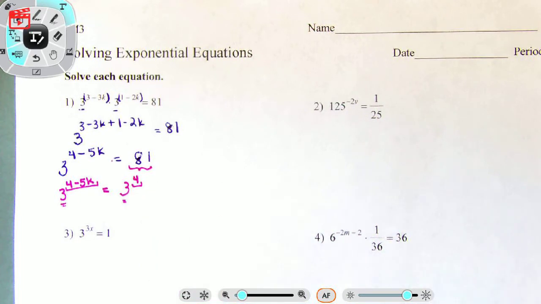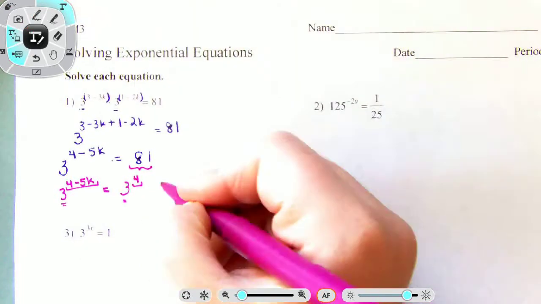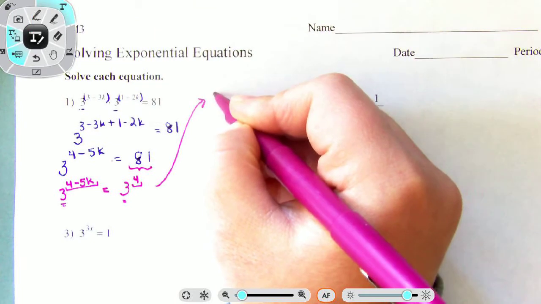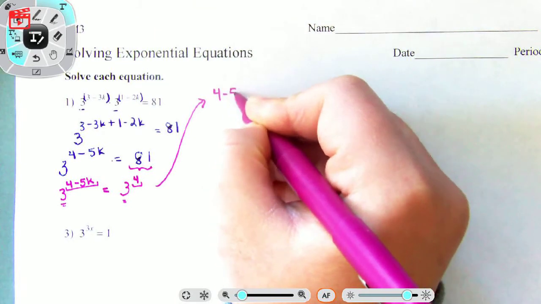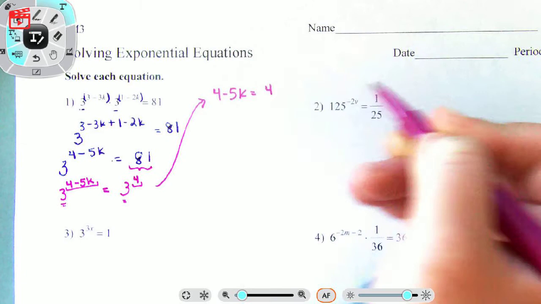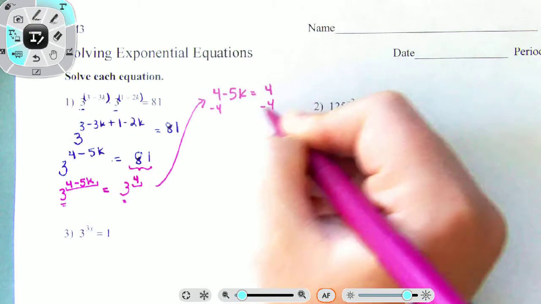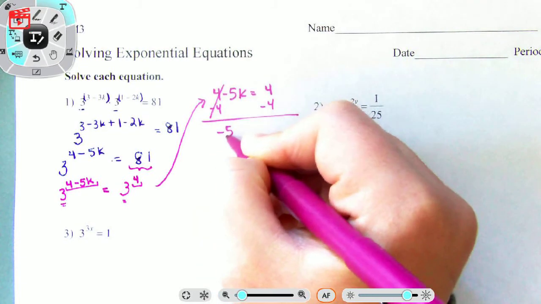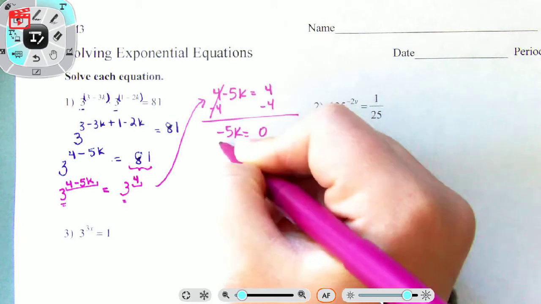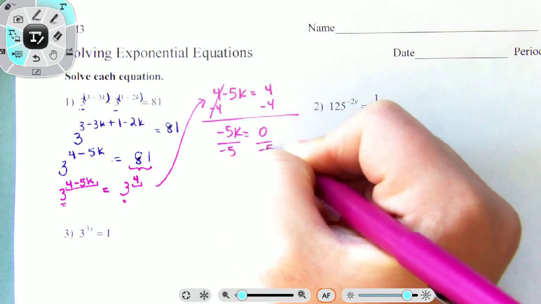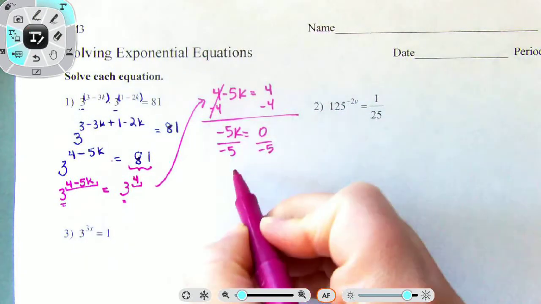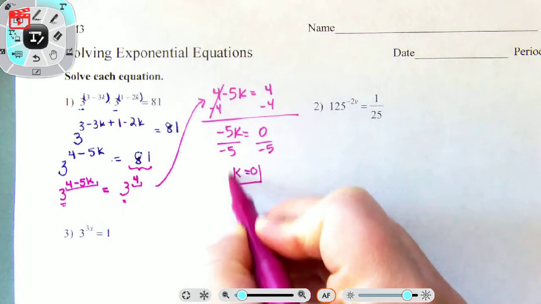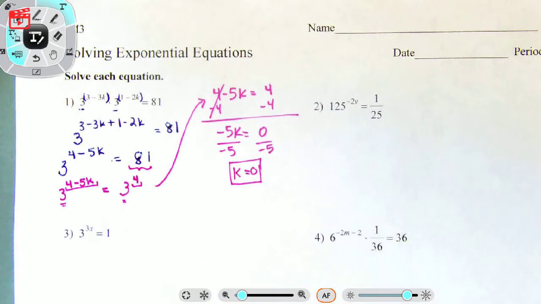If you have that set up, then your exponents are equal. So I'm going to bring that back up here. So I have 4 minus 5k is equal to 4. I'm going to subtract 4 from both sides. So I have negative 5k is equal to 0. At this point, you don't have to do this step, but if you want to, k is equal to 0. And that is our answer for number 1.